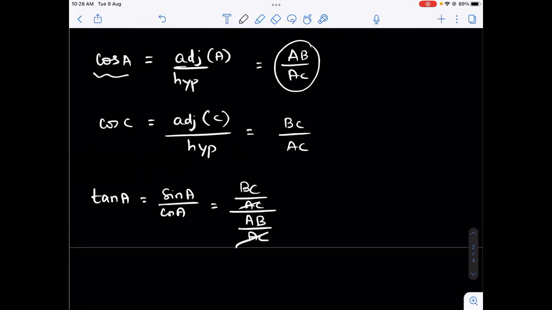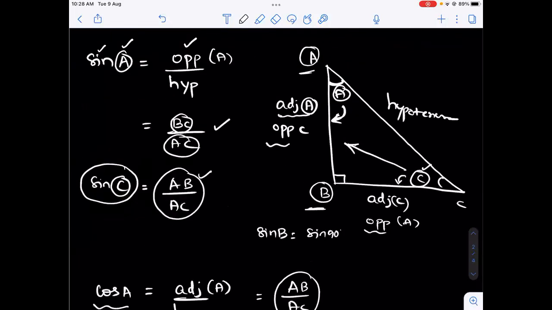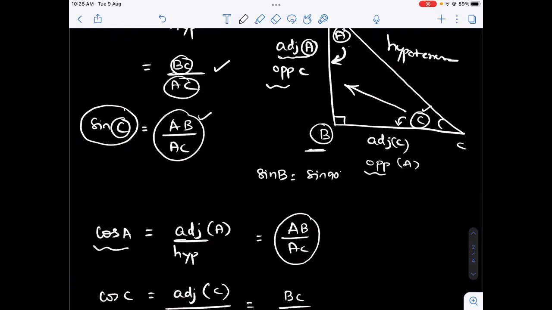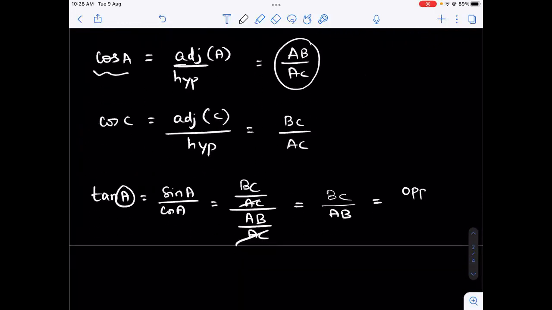AB by AC. AC and AC will get cancelled. What will you get? BC by AB. With respect to A, what is BC? It is opposite divided by adjacent.